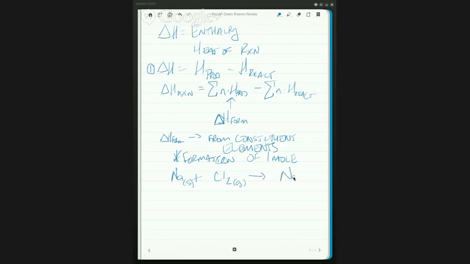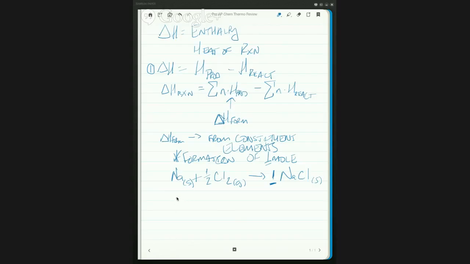Makes NaCl as a solid. Now, you might say, oh, we need to balance it by putting a 2 in front of the NaCl. No, it's the formation of 1 mole, which means that the way that we balance this is by putting a 1/2 in front of the Cl2. Because you're just making 1 mole, okay?